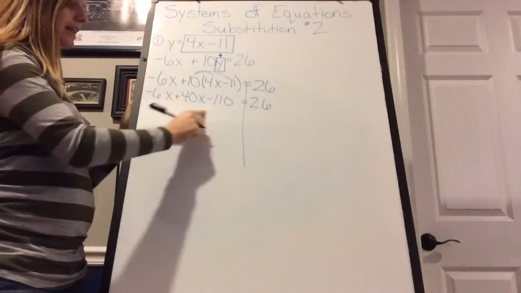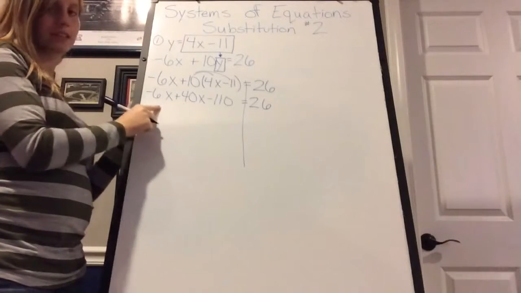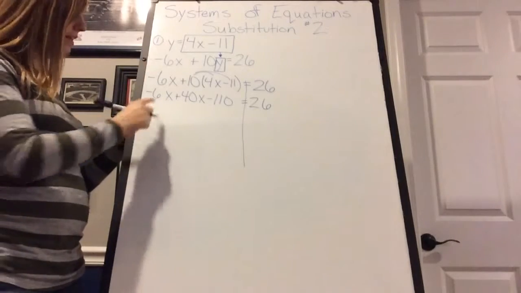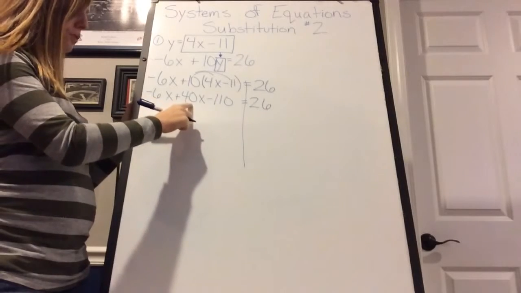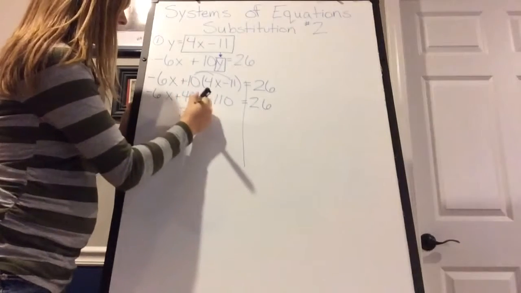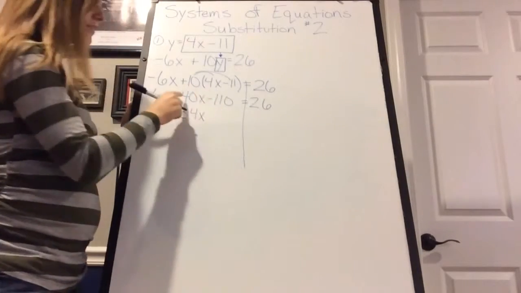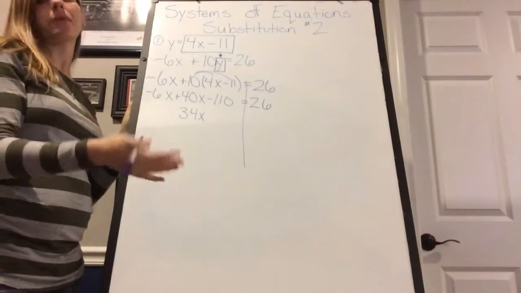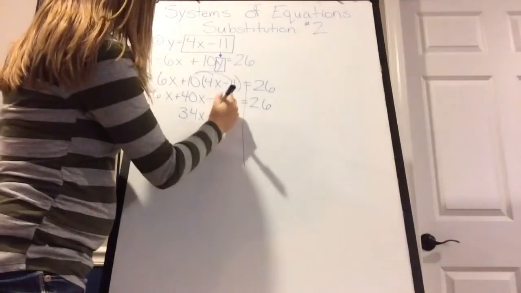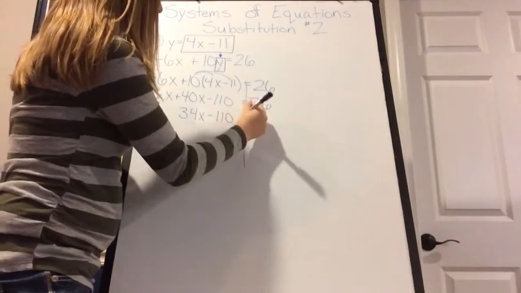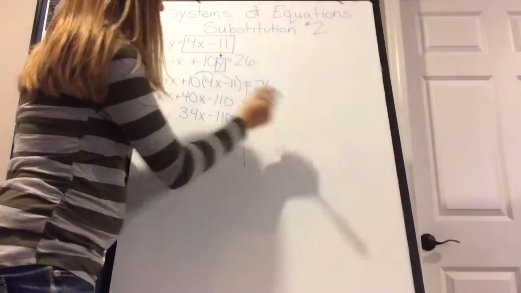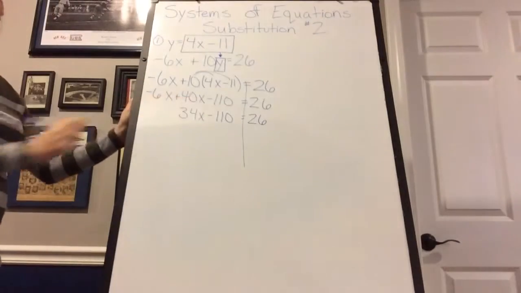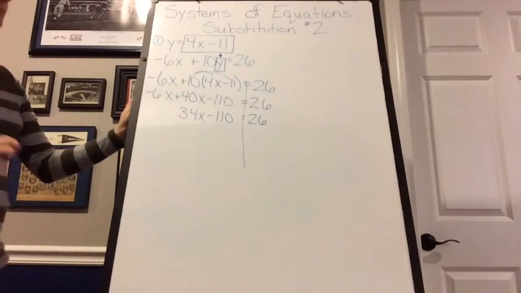From there, I can combine like terms. I have two x's on this side. Can go ahead and put those together. Negative 6 plus 40 is positive 34x. Remember, if the signs are different, you just subtract the two, keep the sign of the bigger number. The minus 110 just comes down, as does the 26. Only thing I changed was combining those x's together.